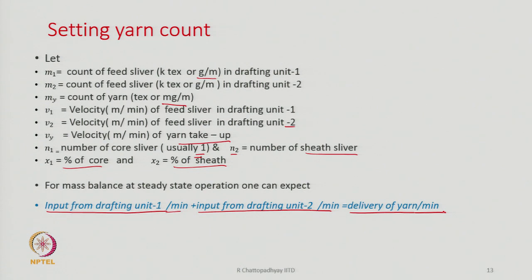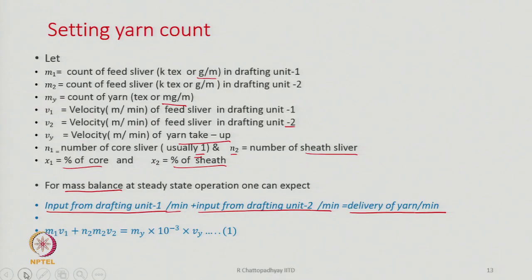Here, delivery basically means not how much length it has delivered, but how much weight of yarn it has delivered. So, mass balance is about the mass or the weight of fiber being fed and weight of fiber being delivered. There are two channels through which the fibers are being fed and only one channel through which the fibers are taken out in the form of yarn.